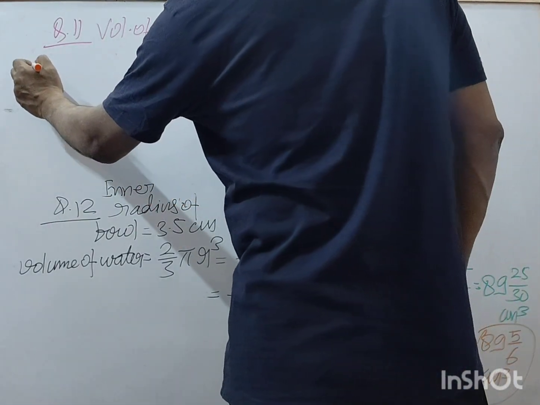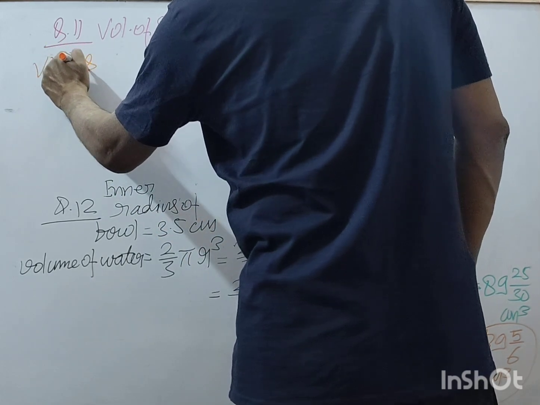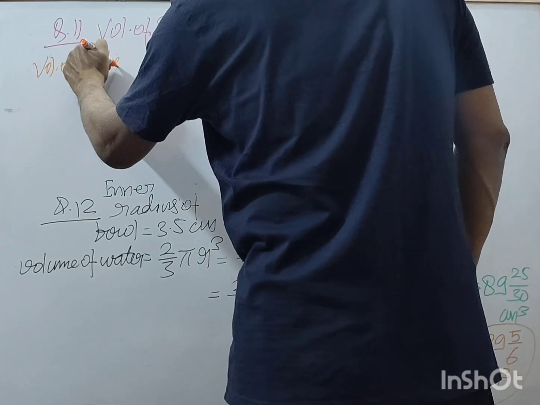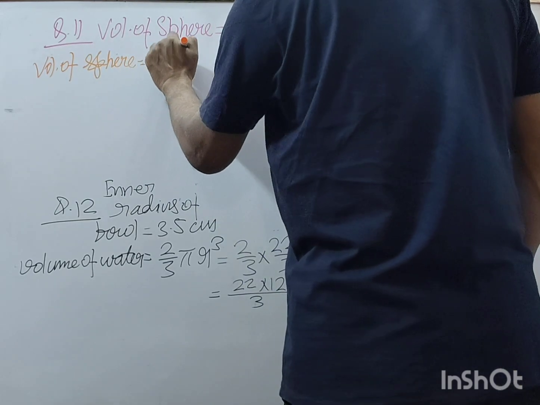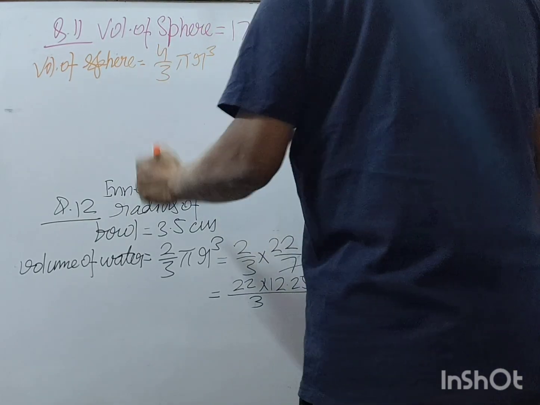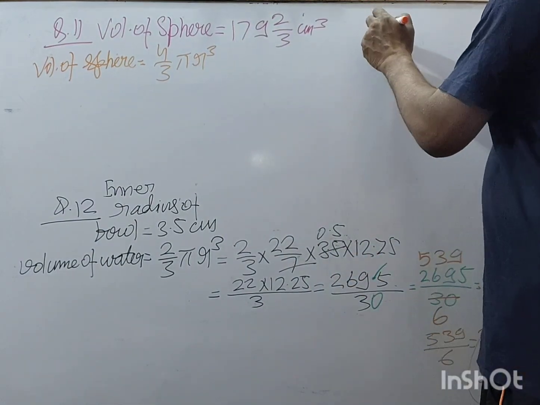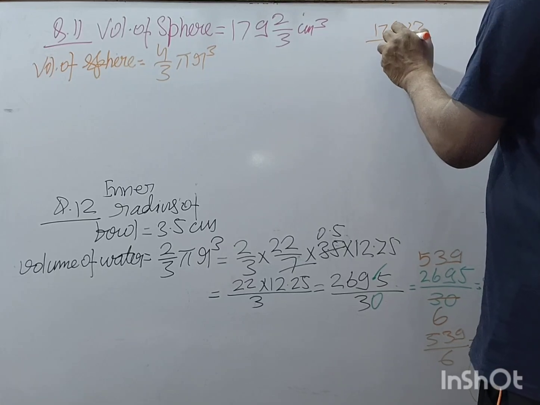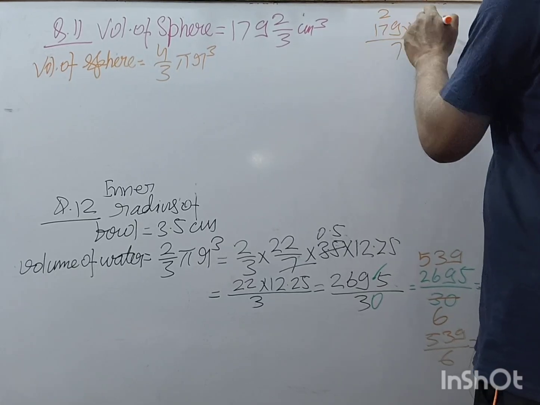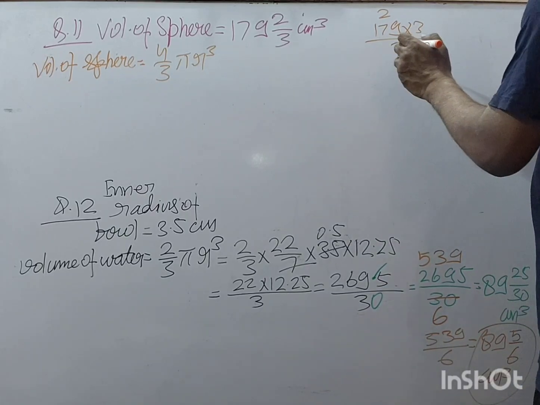So volume of sphere is equal to 4/3 pi r cube. This is how much? 179 into 3. 9 times 3 becomes 27, you get 2. 3 times 7 times 3 becomes 21, 23.